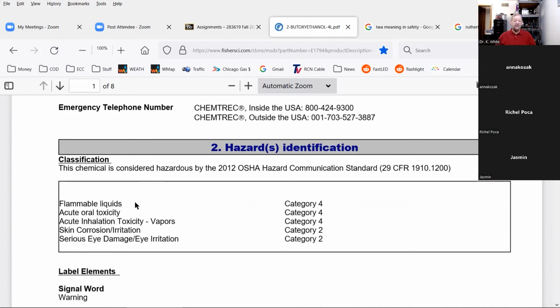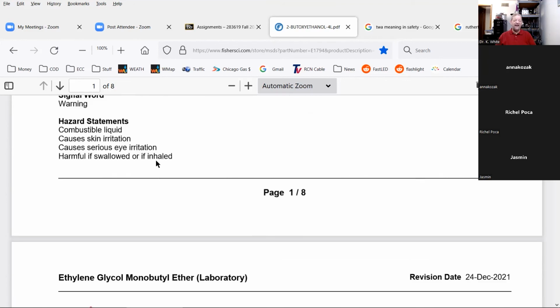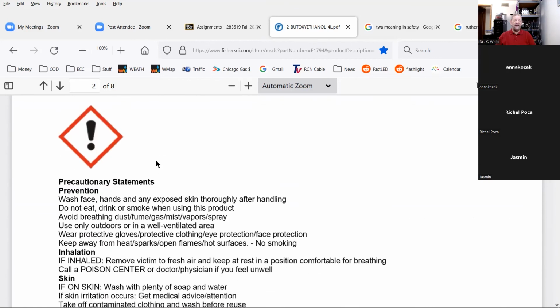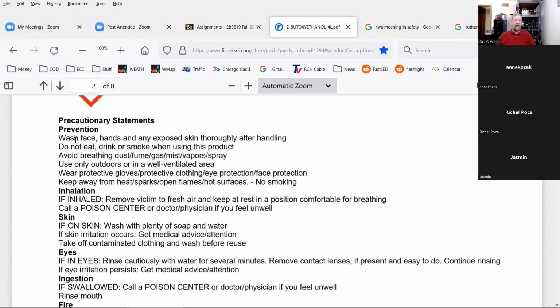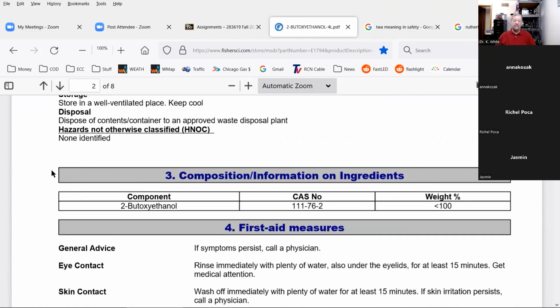This one in section 2, you can see acute oral toxicity 4. This stuff's dangerous. And you scroll down, it has precautions. Notice, wash your hands after handling, don't eat or drink or smoke, things like this. A lot of these are boilerplate, the same in all of them, but they're still important.